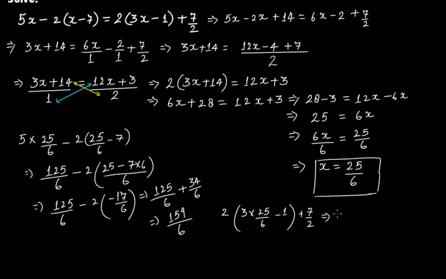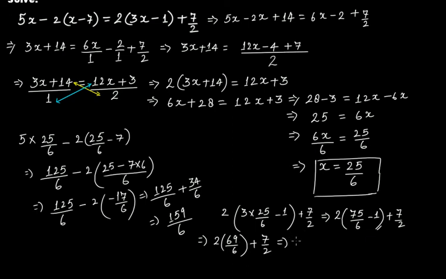This gives you 2 times 3 times 25, which is 75 by 6, minus 1 plus 7 by 2, and if you further solve it, you get 2 times 75 minus 6, which is 69. So this becomes 69 by 6 plus 7 by 2.